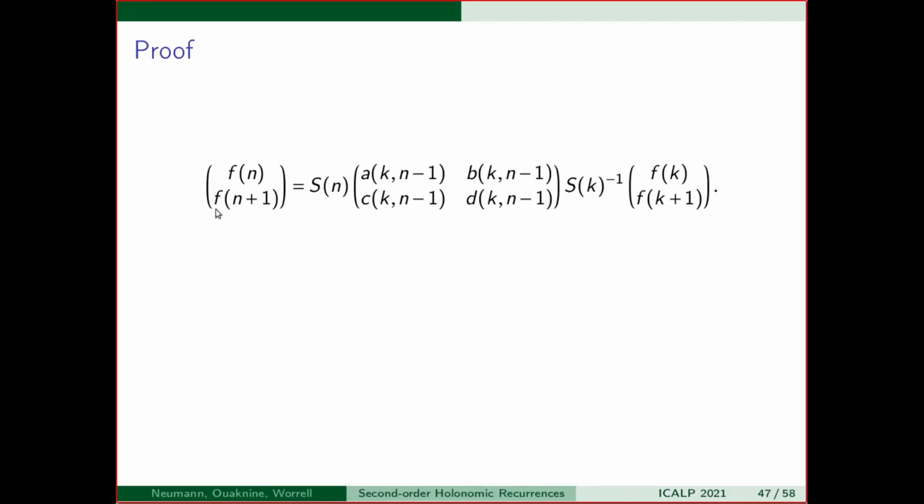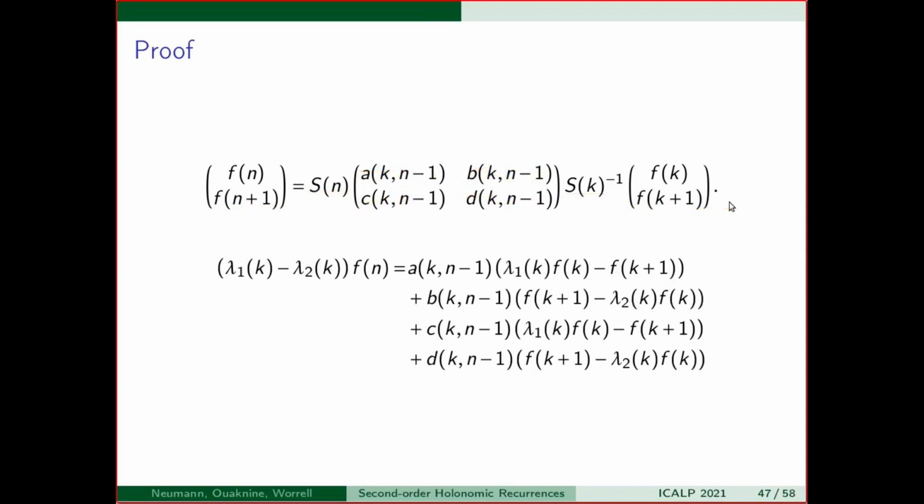So we can express the nth and (n+1)st term of the function in terms of these base change matrices, the functions that we understand now by the main lemma, and the kth and (k+1)st term of the sequence. So we get an explicit equation for f(n) multiplied with, say, lambda_1(k) minus lambda_2(k).